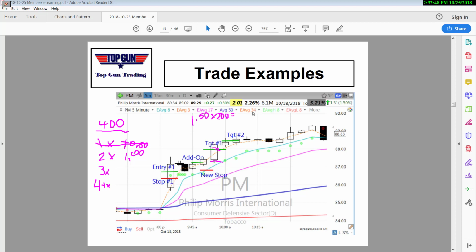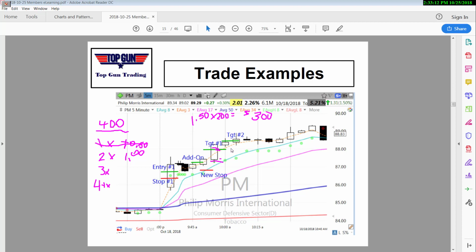And that equals, we had 300. And when we hit that target, our stop is 87 something. We're playing with house money now. Unless we got a horrific fill, we're not going to lose. We can't lose on this trade, and I love it when we get to that level.